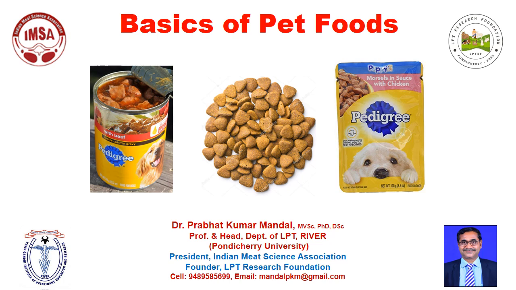or pet food industry. So I am going to have a series of 6 or 7 lectures on pet foods. Today the first one is about the basics of pet foods.